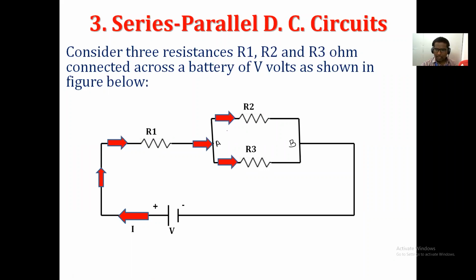At point B, the divided currents come together again. Suppose the divided currents are I1 and I2. Now I1 and I2 come together again at point B, and definitely current I will come out from point B and return to the negative terminal.